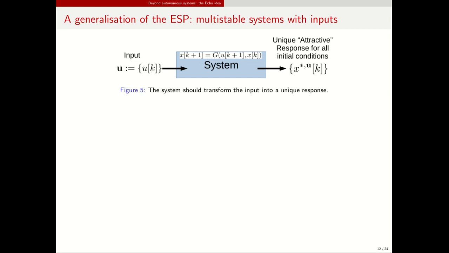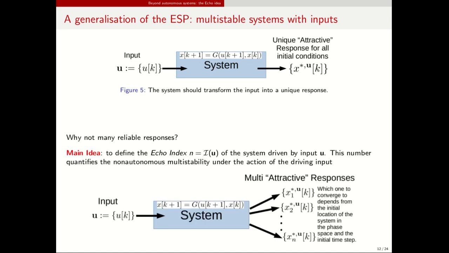But it seems too restrictive to my eyes, and that's why we developed a generalization of the echo state property, which allows us to consider many reliable responses for a particular input signal.